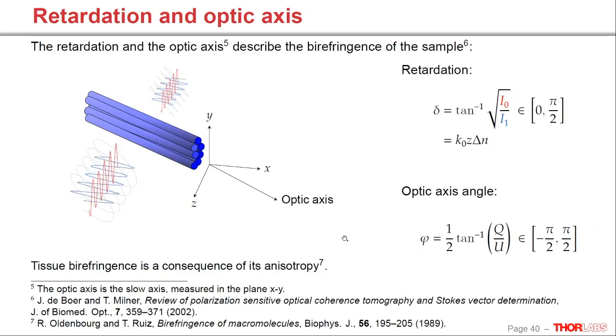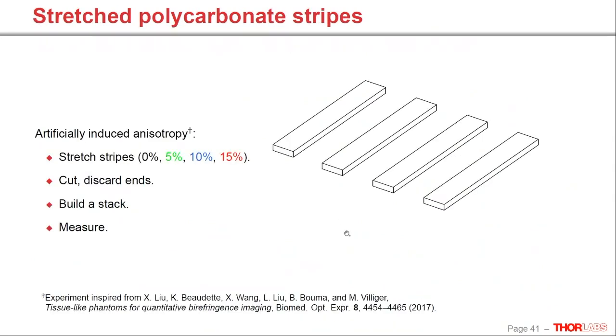In tissue, the birefringence, for example, is a consequence of its anisotropy, or as Michael has described before, for other plastic materials, it's also caused by stress or strain in a certain direction that is then connected to the optic axis.